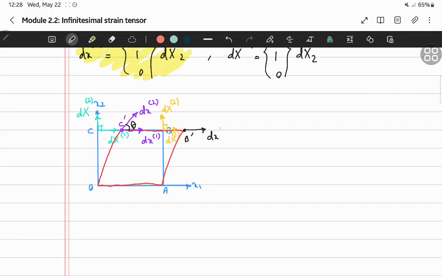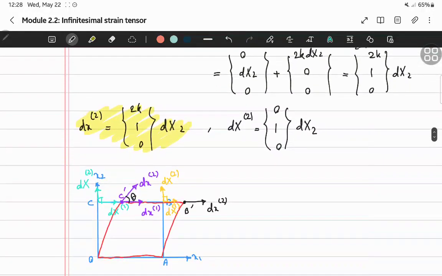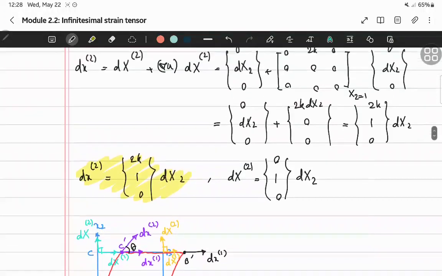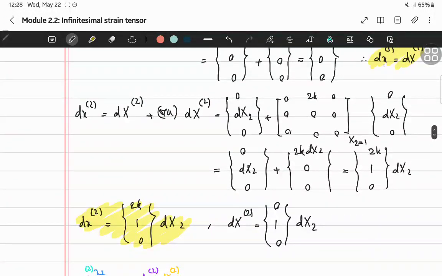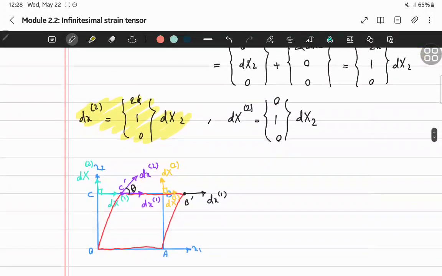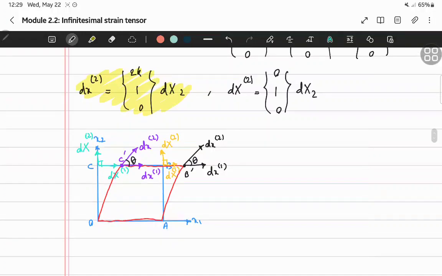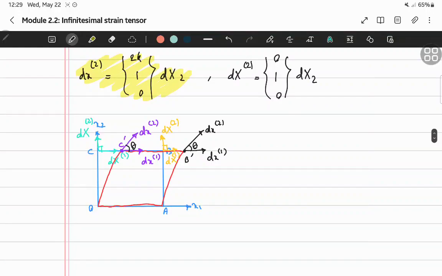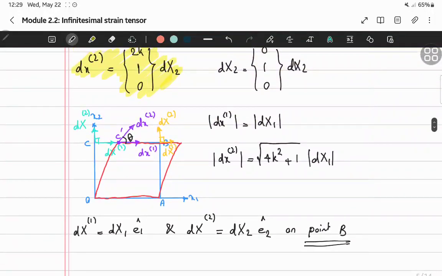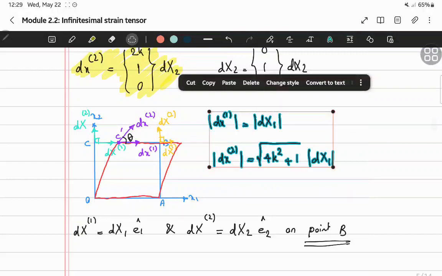Again dx1 remains the same. It only translates, as shown in here. But dx2 not only translates, it also deforms. And again, the same angle is theta. All those things in here are also applicable to point B.